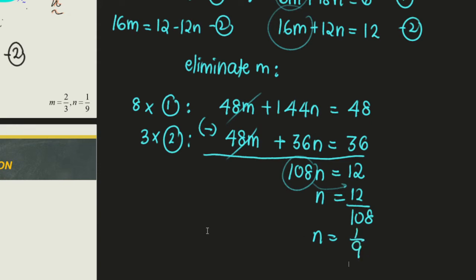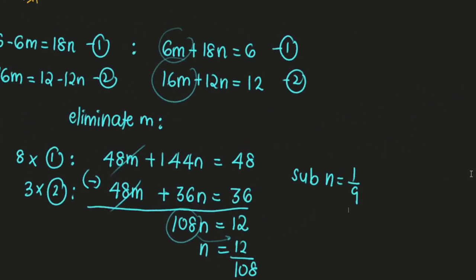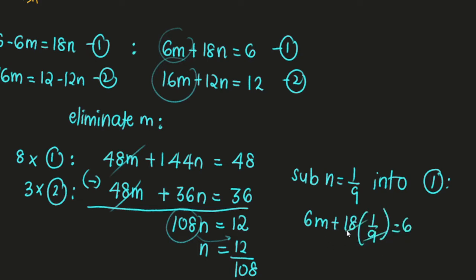Now that you already get the N, you can choose what to substitute the N, 1 over 9, into. I would prefer to substitute into the first one. So 6M plus 18 times 1 over 9 equals 6. Here we get 2.